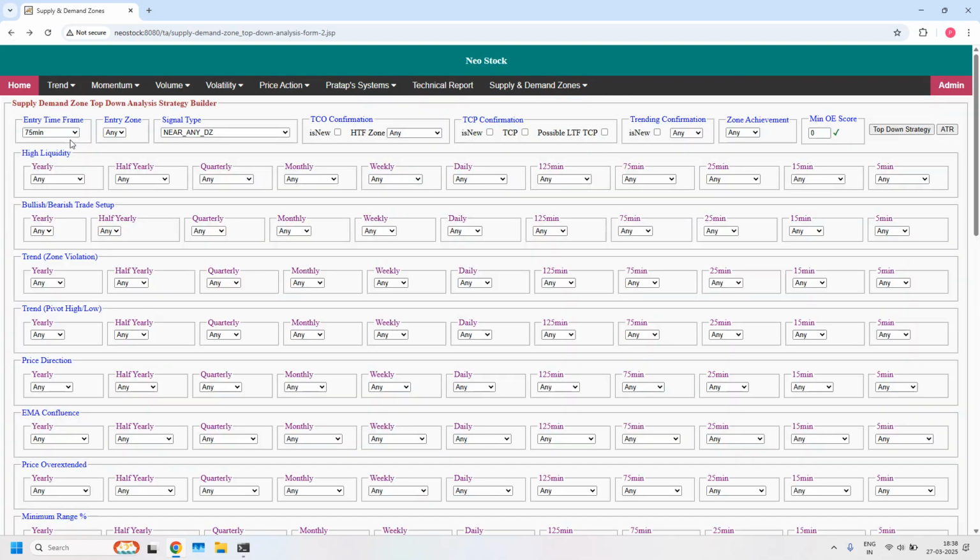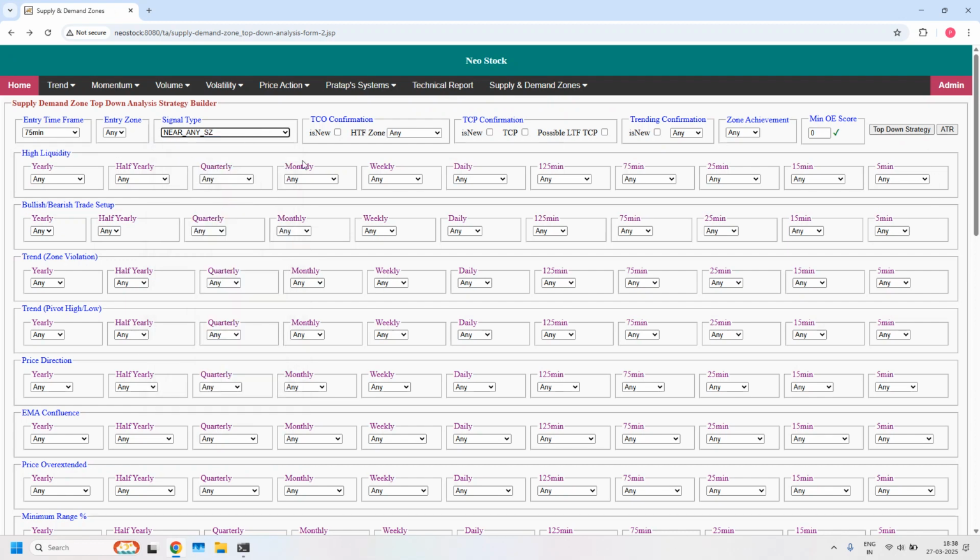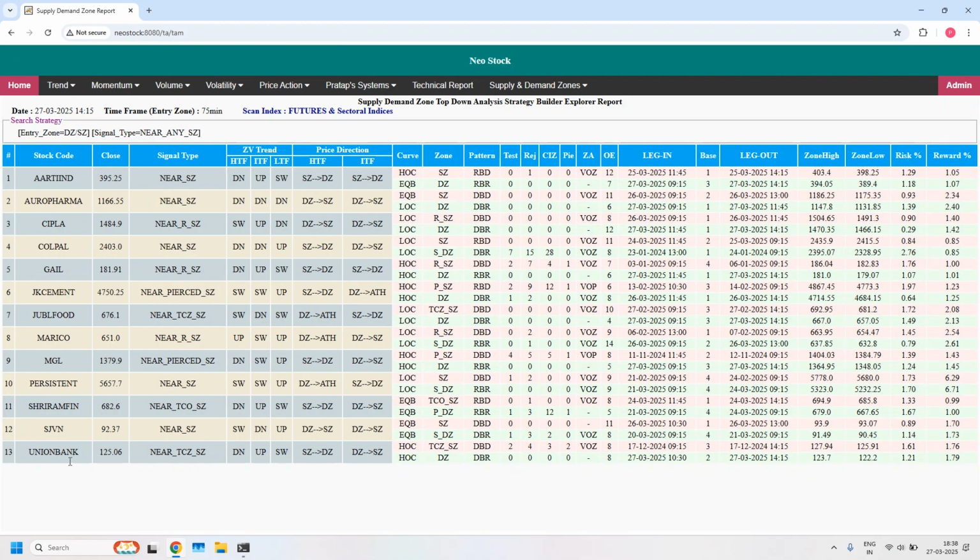Okay, next for 75 minutes time frame, let us find the stocks near to the 75 minutes supply zone. We got 13 stocks. Let us identify high liquidity 75 minutes supply zones from this list. Supply is having a 75 minutes high liquidity supply zone.